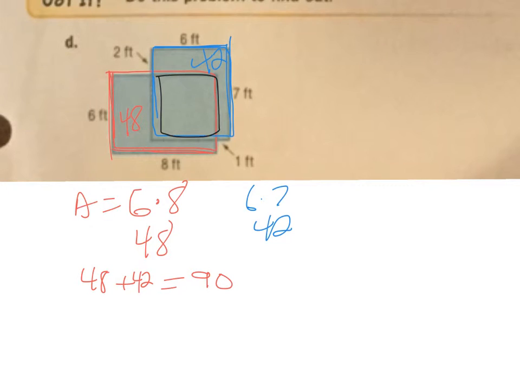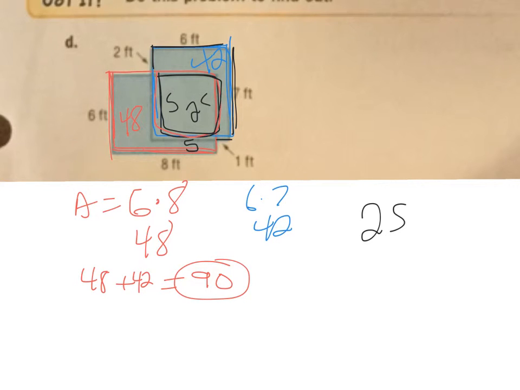Okay. But I can't do 90 because I only want one of these overlap things. So now we have to find out what this is right here and get rid of it. So let's see. This is 6. This is 1. So this must be 5 here. This whole thing is 7, and this is 2. So this must be 5 here. So 5 times 5 is 25.